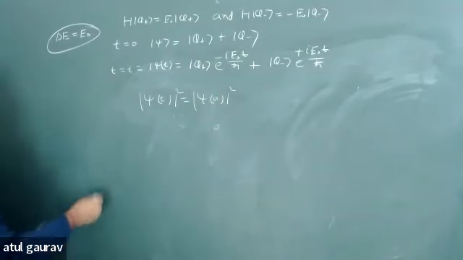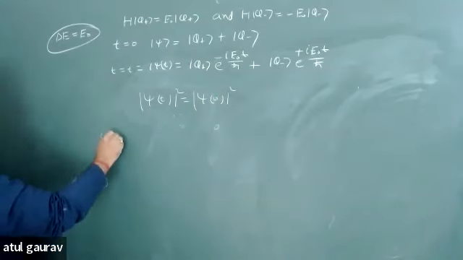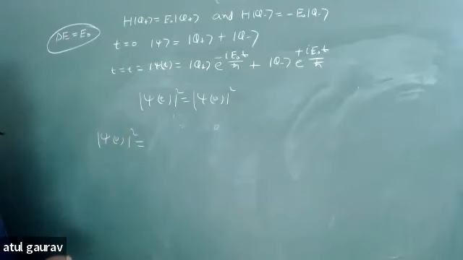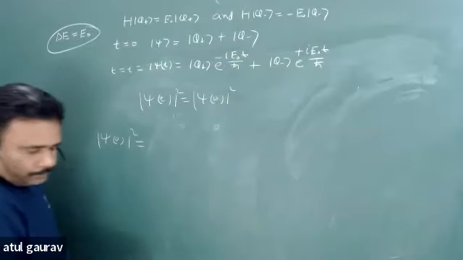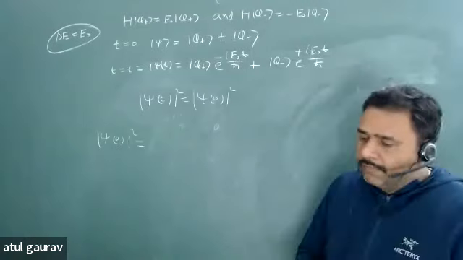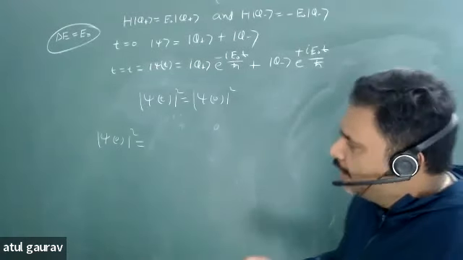So can anybody tell me what should be your mod psi 0 square? What will it be here? Anyone? What will be mod psi 0 square?